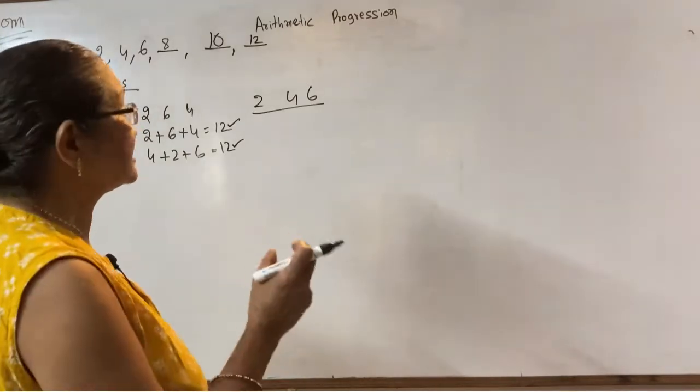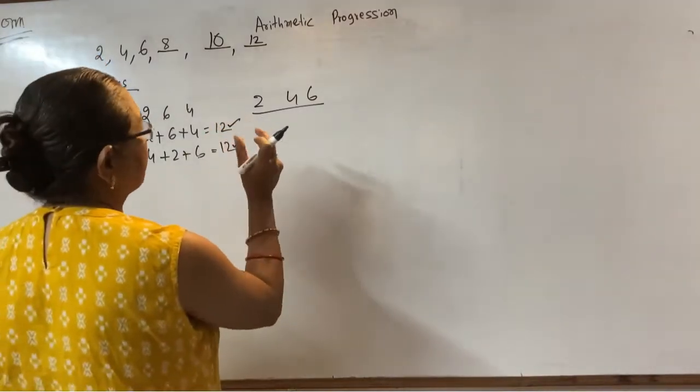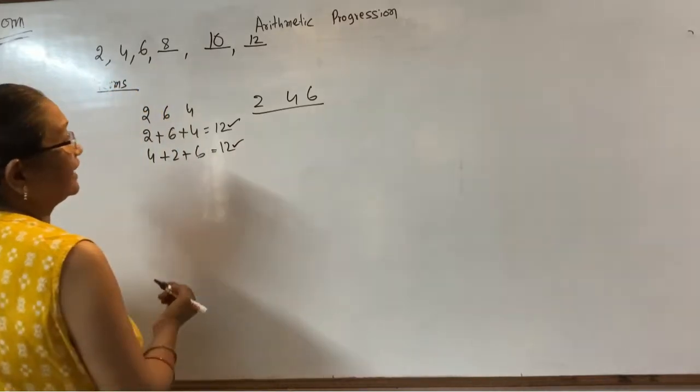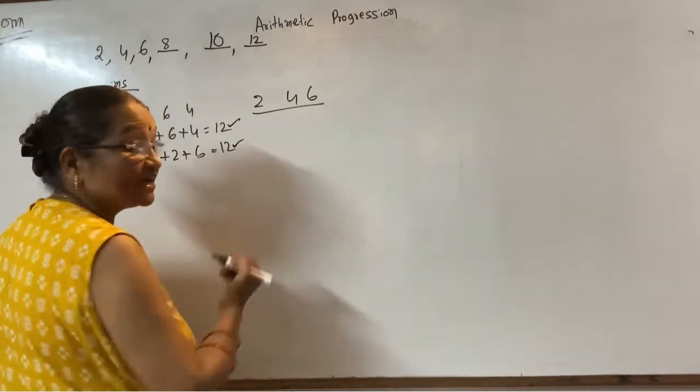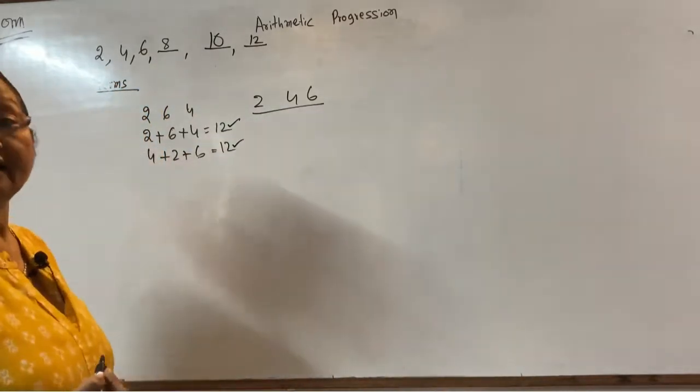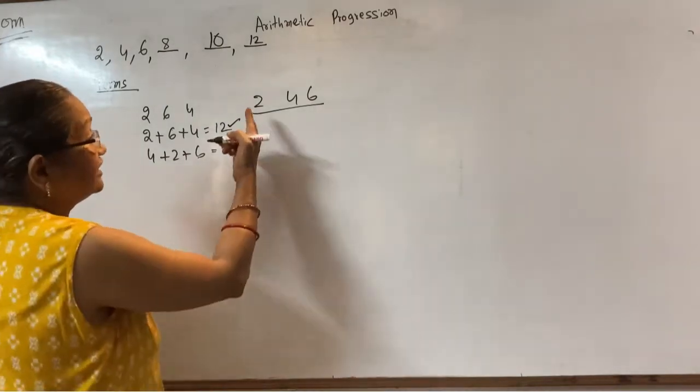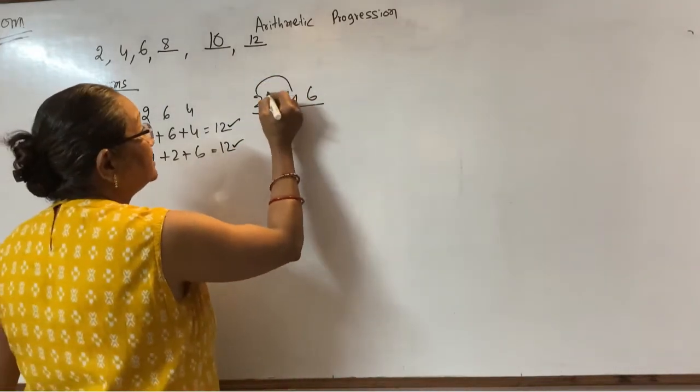I mean the fixed number, the difference should be fixed. So that is known as arithmetic progression. This is ascending order. So you can say this is an arithmetic progression because the difference between this number and this number is 2.